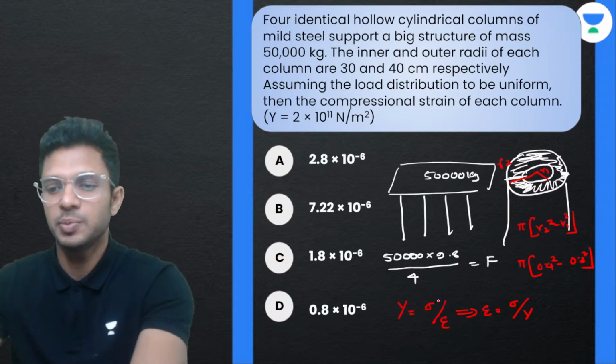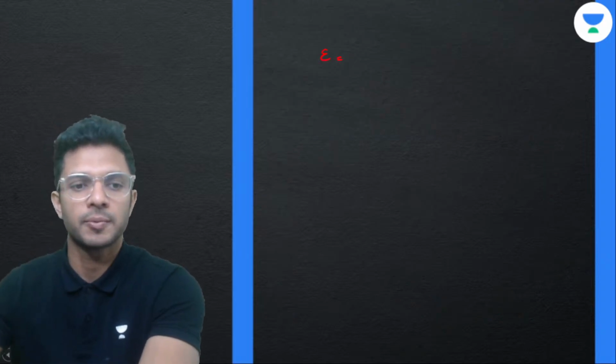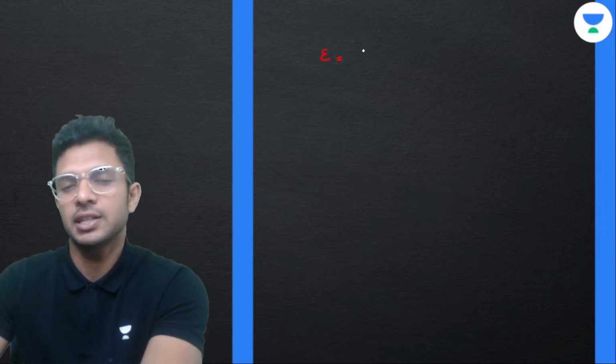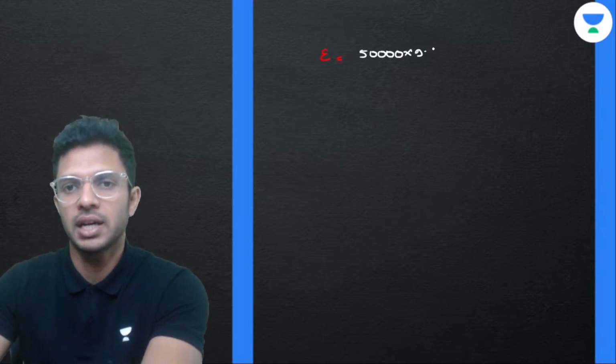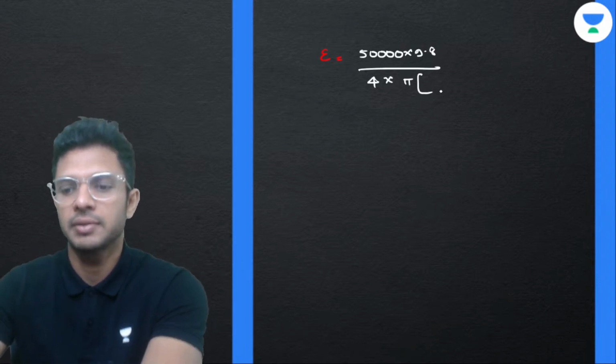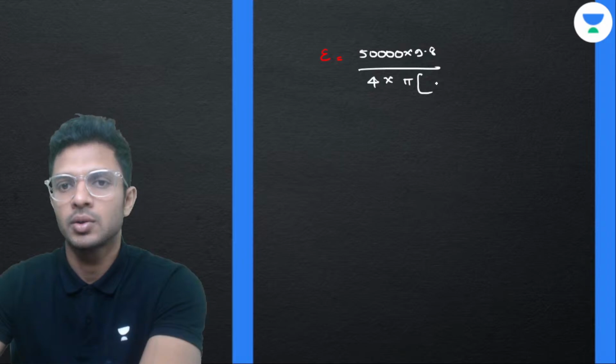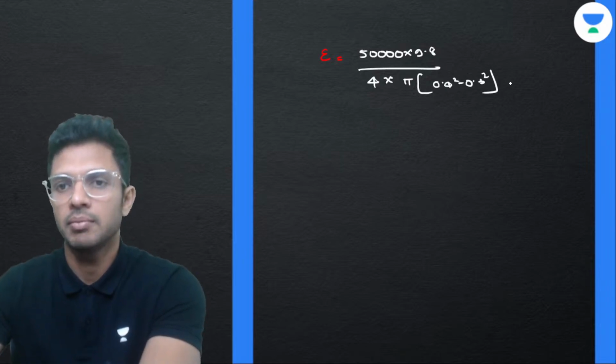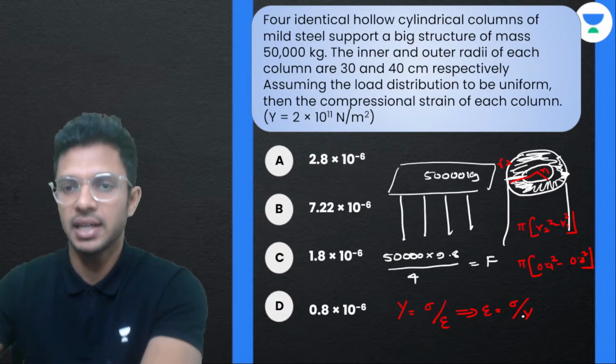Okay, we'll take a fresh page and write it. So strain is equal to what? Strain is equal to stress, that is force by area. Force is equal to 50,000 into 9.8 by 4, by area, which is pi into 0.4 square minus 0.3 square, by Young's modulus, isn't it?